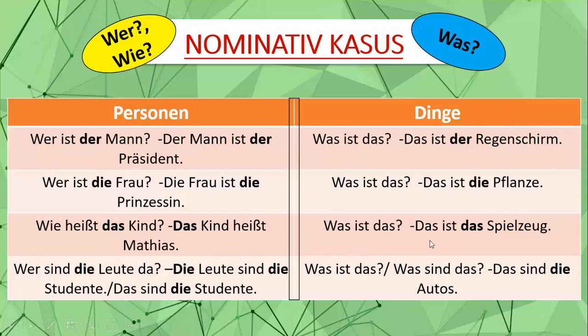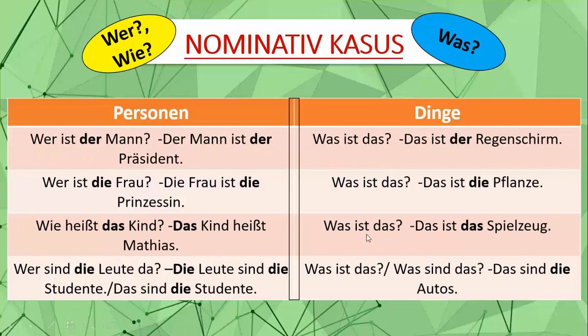Was ist das? Das ist das Spielzeug. Note that Spielzeug refers to toy stuff or toys. But even though Spielzeug refers to a word in English which is in the plural form, so toys or any playing stuff, in the German language, this noun will be written in the singular form with the article das.